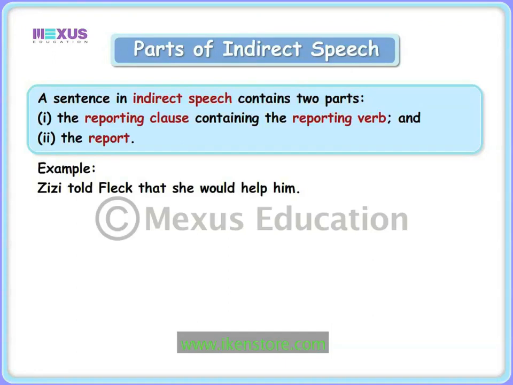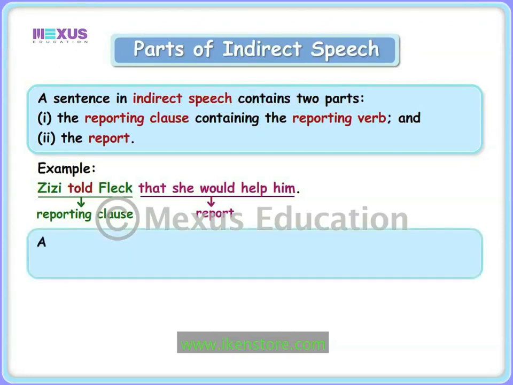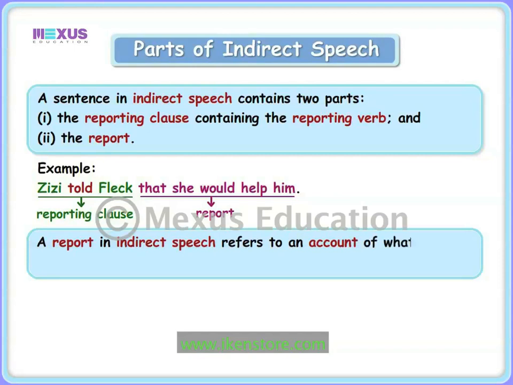Here, Zizi told Fleck is the reporting clause that contains the reporting verb told. That she would help him is the report which tells us what Zizi said to Fleck. A report in indirect speech refers to an account of what has been said by the speaker.